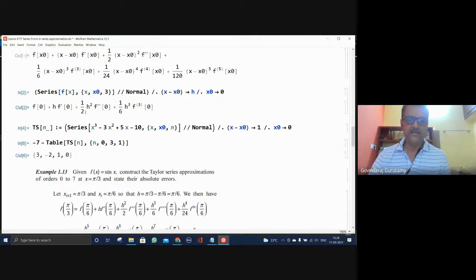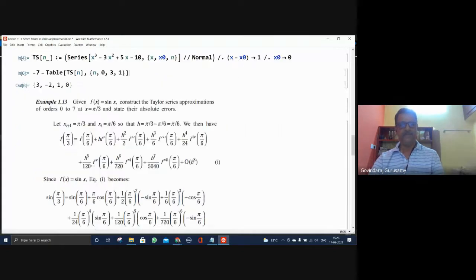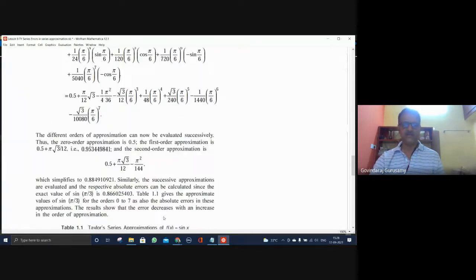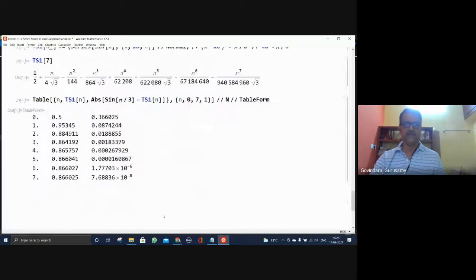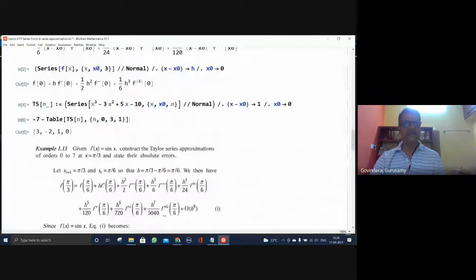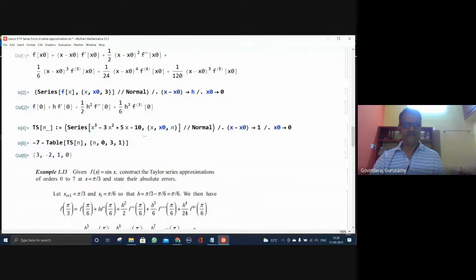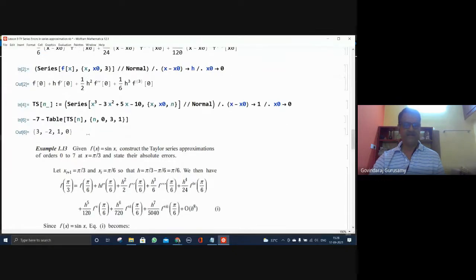Check it out, put it here. Make sure that this is emerging properly. Okay, let's take the other example that is given. It's a little more involved, and the number of steps to be calculated is a little more. But again, it is just the same expression that I have here.